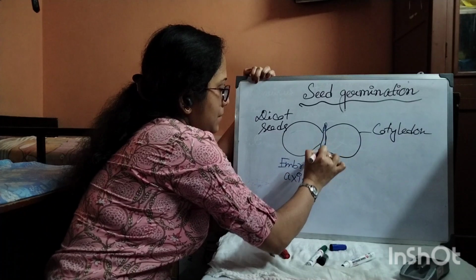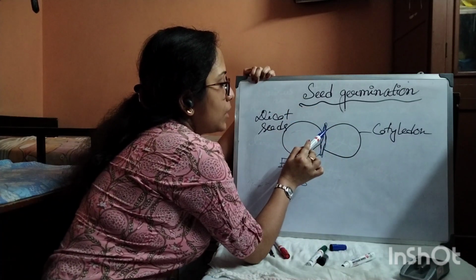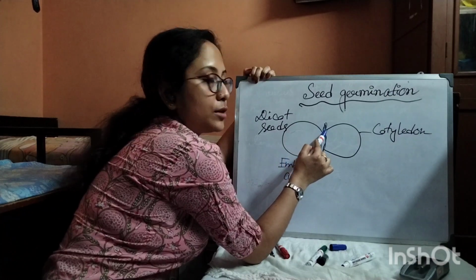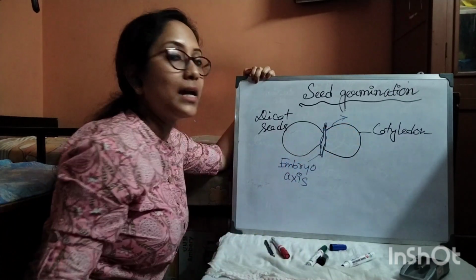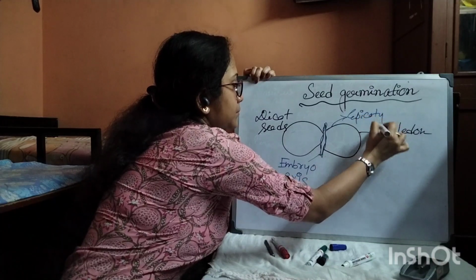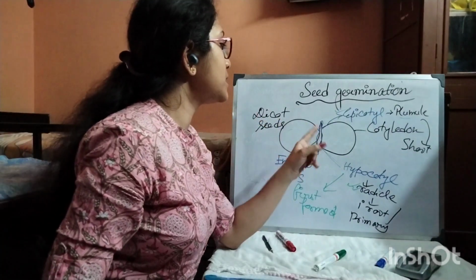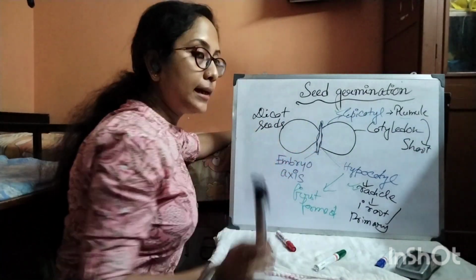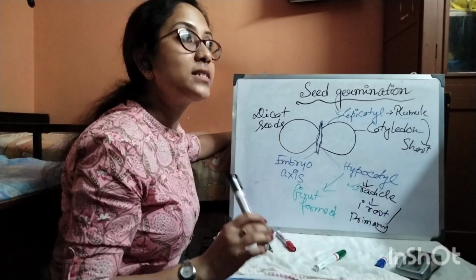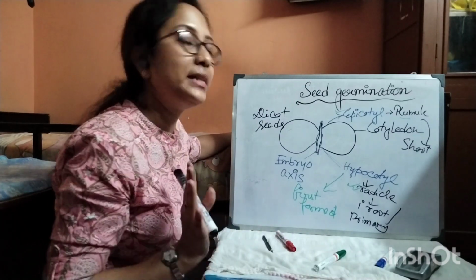So this is a picture of a dicotyledon seed. These two are cotyledons in case of a dicotyledon seed, because di means two, and in case of a monocotyledon seed only one cotyledon will be there.